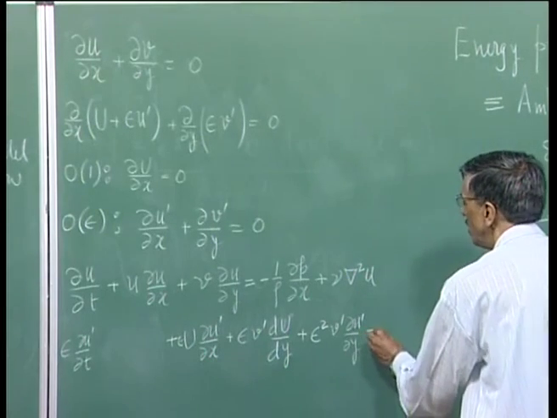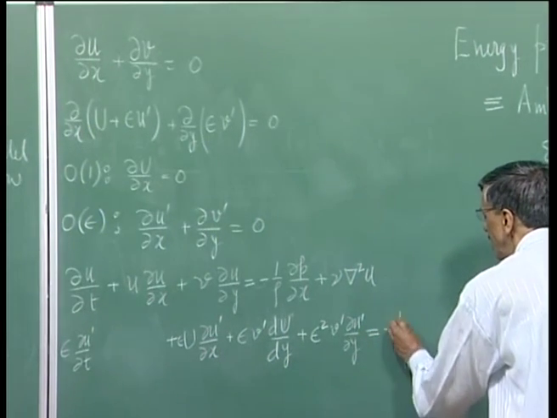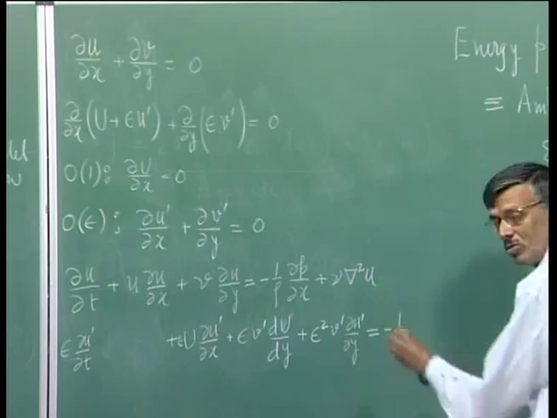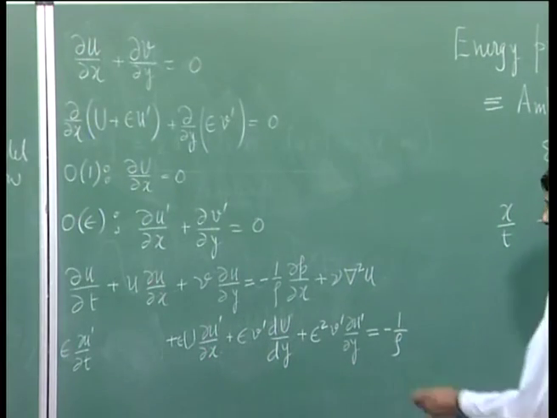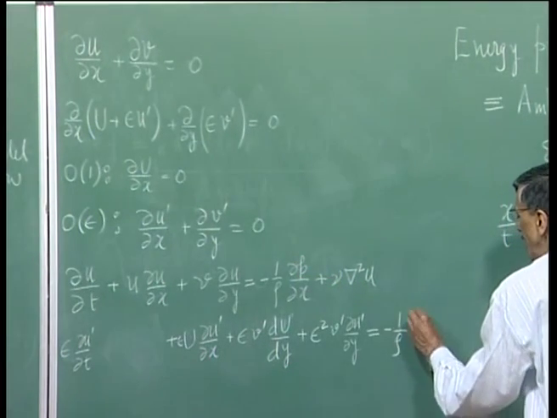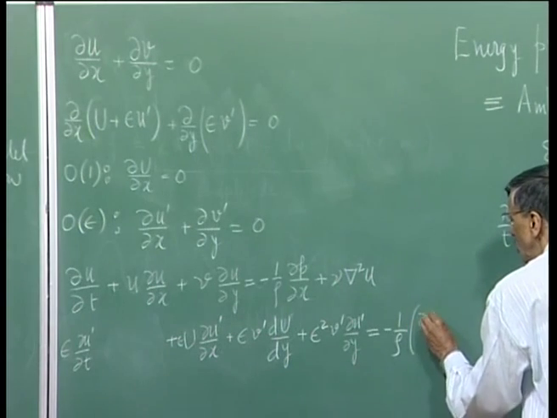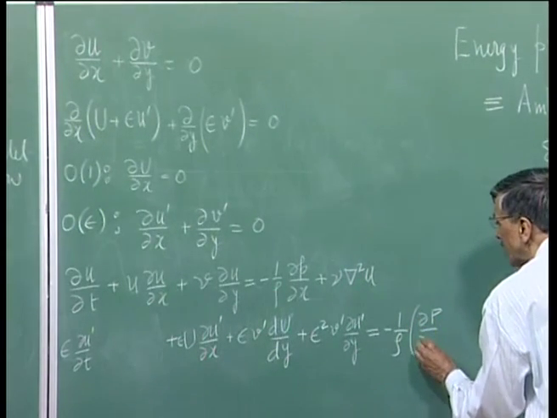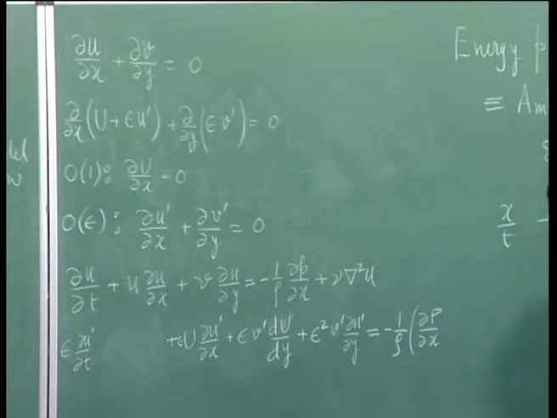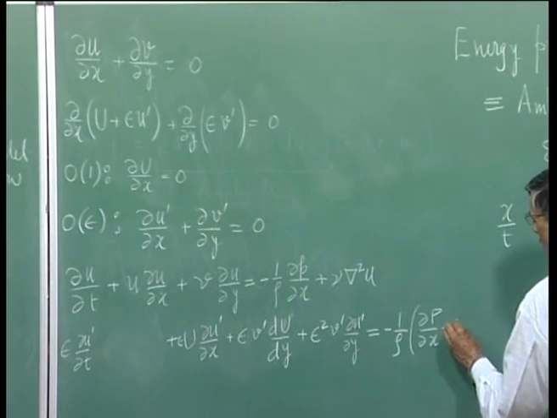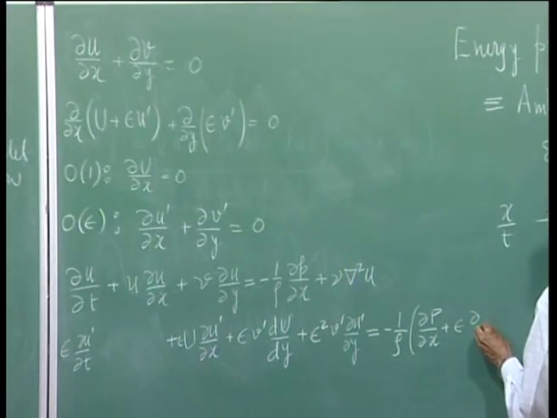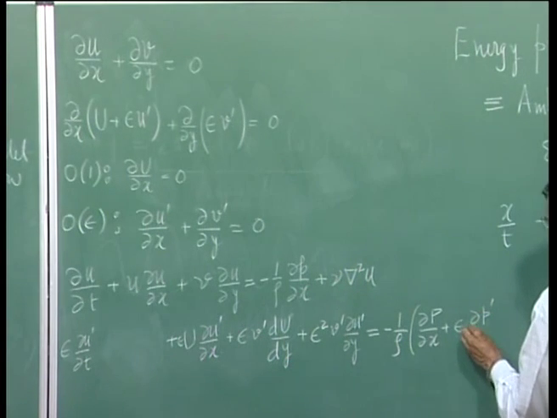On the right hand side, density remains invariant, so we have no problem. What about the pressure? I have a pressure term which I may write as del p del x plus epsilon del p prime del x.